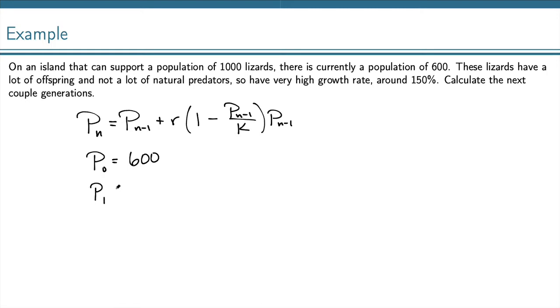To find P1, we do P naught, which is 600, plus R, which is 1.5, the growth rate in decimal form, times 1 minus the current population of 600 over the carrying capacity of 1,000, times the current population of 600.